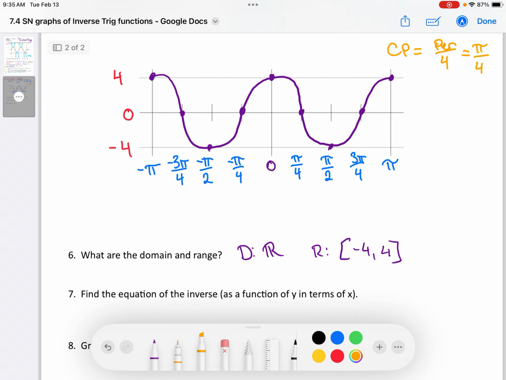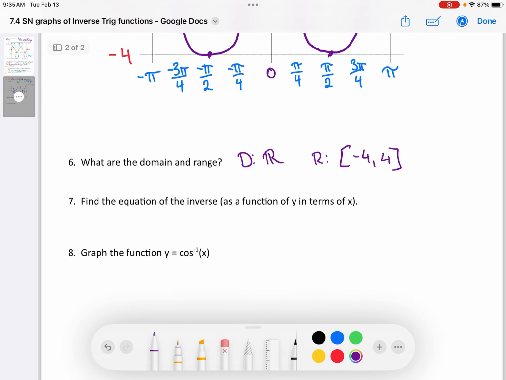So we want to find the equation of the inverse. So we started with y equals 4 times cosine of 2x. So when we switch that x and y, we get x equals 4 times cosine of 2y.